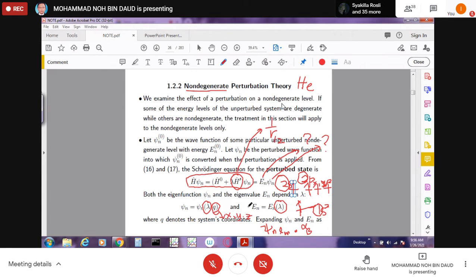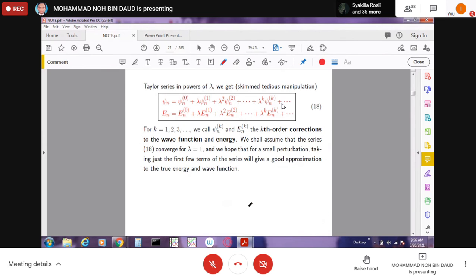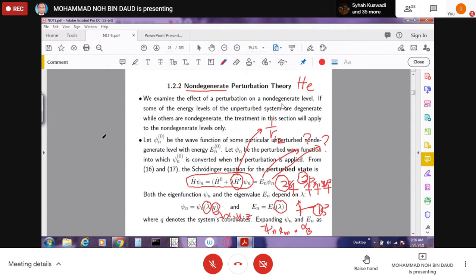Okay. So now, we can expand this in terms of Taylor series. I skip this derivation. You can expand this in terms of Taylor series, and this as well.